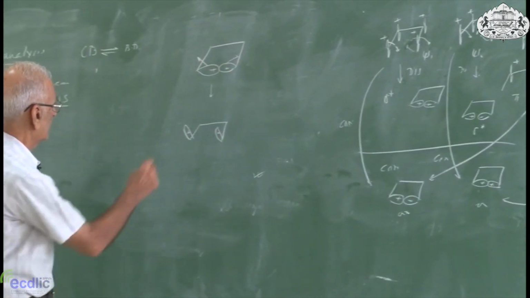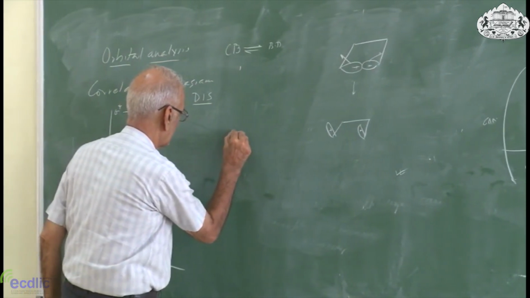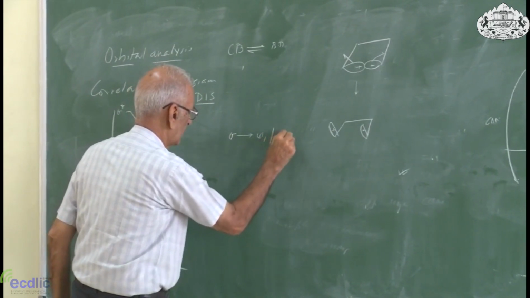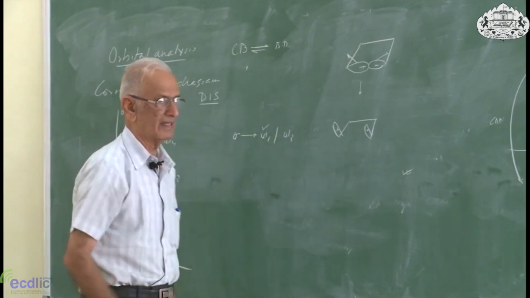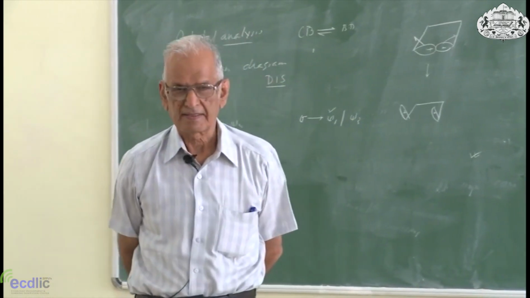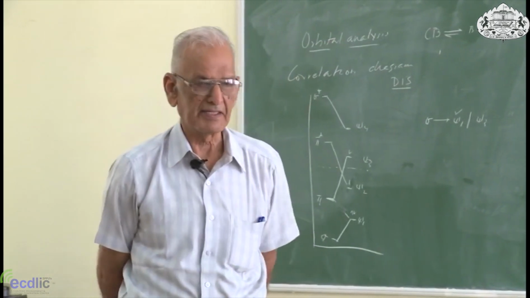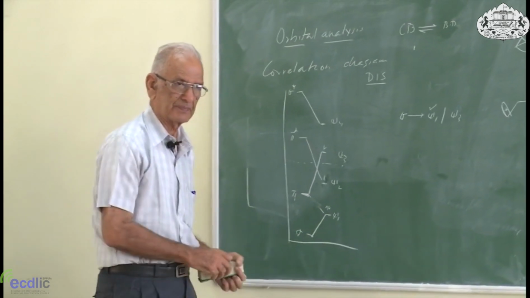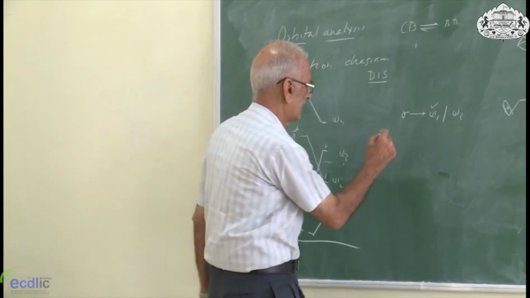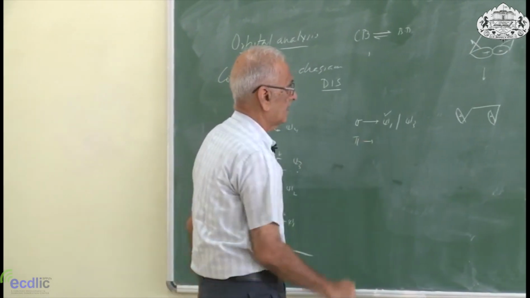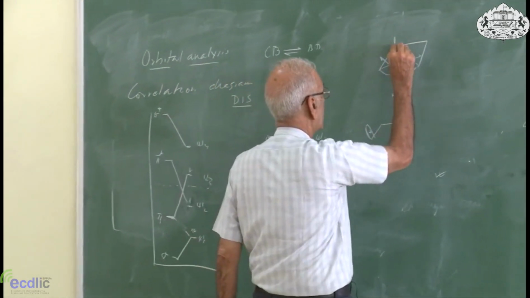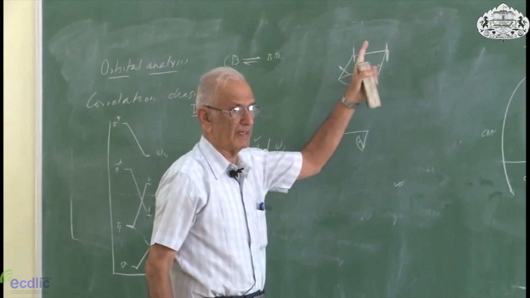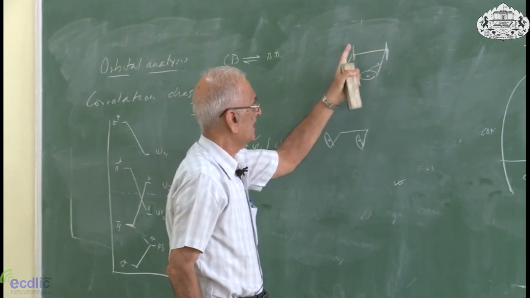So, your sigma orbital can correlate with psi 1 or psi 3. Psi 1 is lower in energy, therefore, I correlate with this. Then I look at the pi orbital. When I look at the pi orbitals, what do I see?